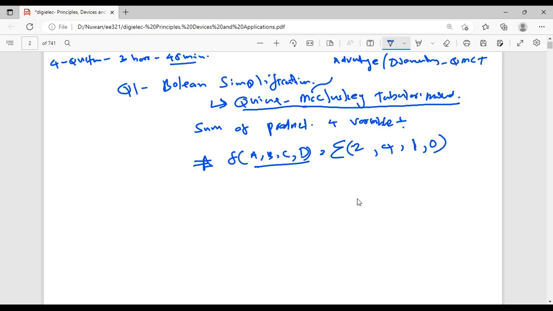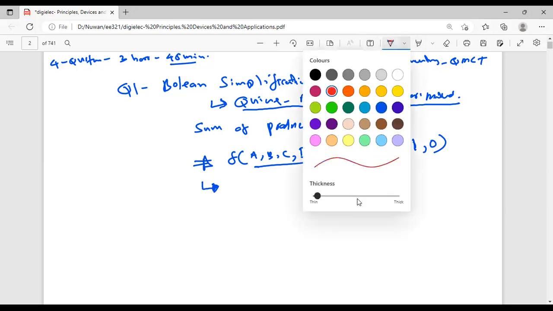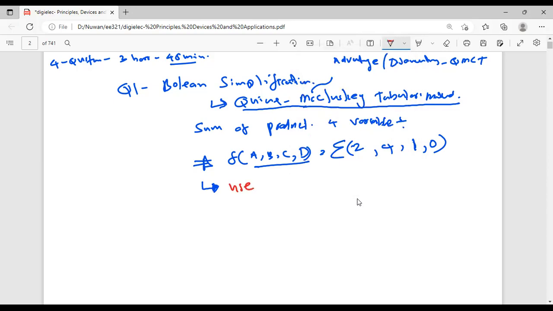I will strictly tell you that please use only 45 minutes. Don't use much for this question. Use maximum 45 minutes to complete this one.